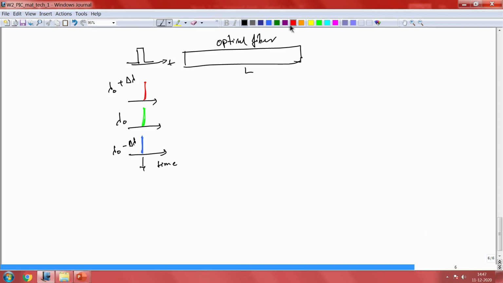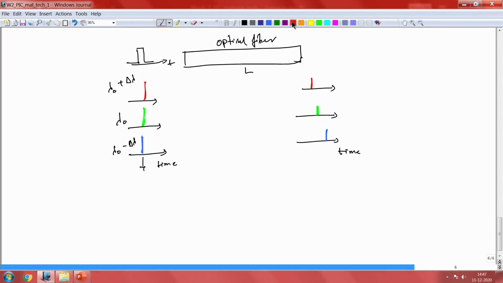Let us see what happens at the output of these individual colors. So how are these colors going to come out? If you look at the shorter wavelengths, they are going to come much earlier. So they travel faster, so they will arrive first, and then comes green and then is our red.